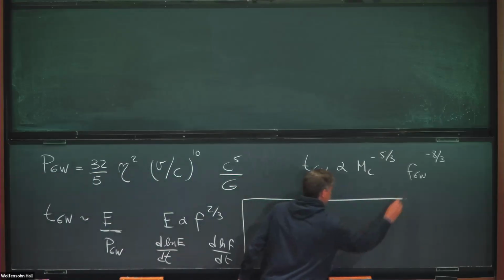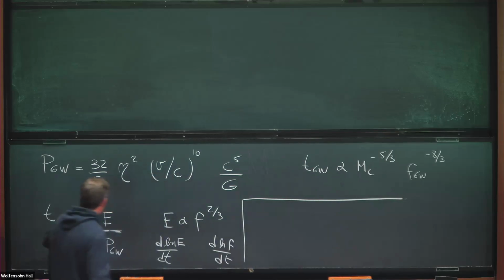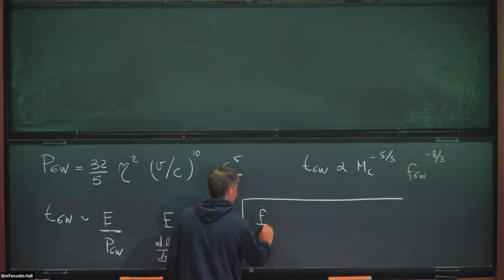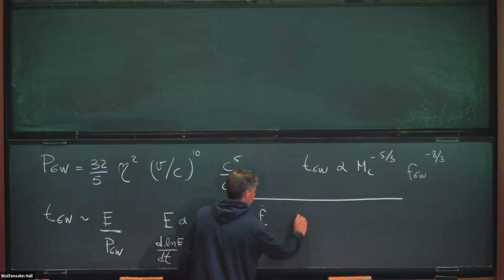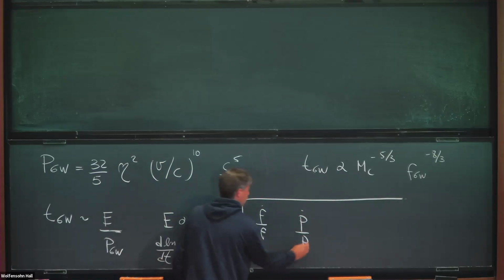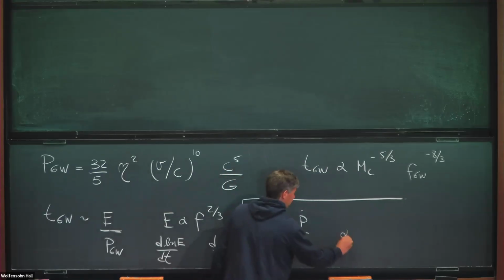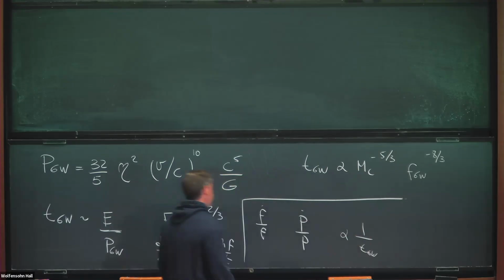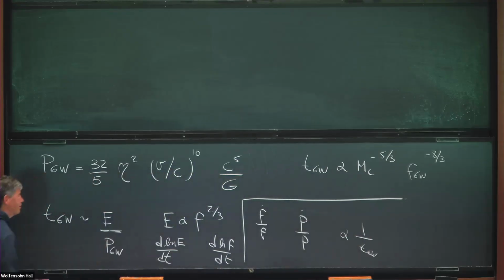So again, this F over F dot or P over P dot, they will all be proportional to 1 over this T gravitational wave timescale with a coefficient. Well, one of them will be positive, the other one will be negative.